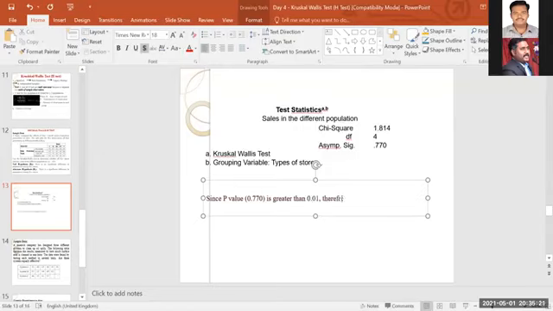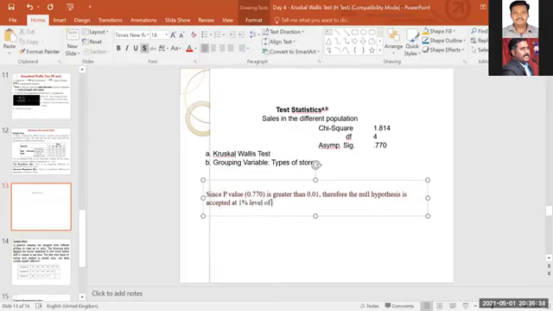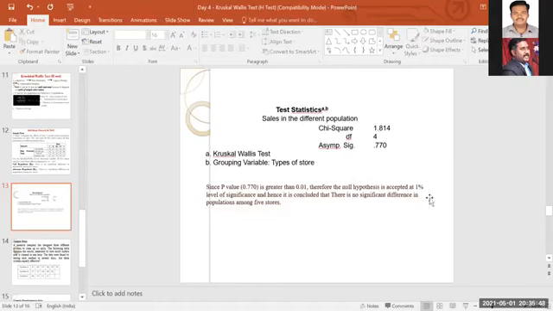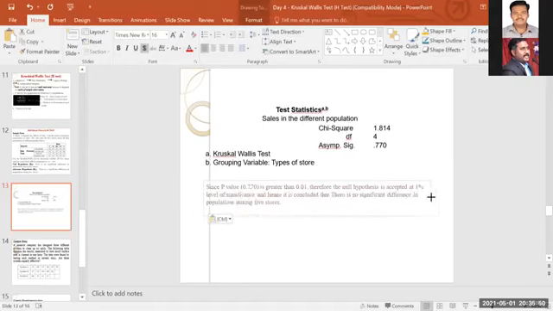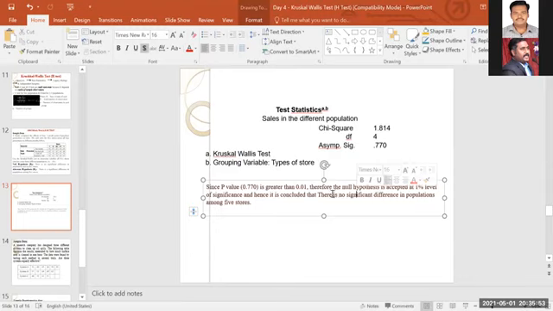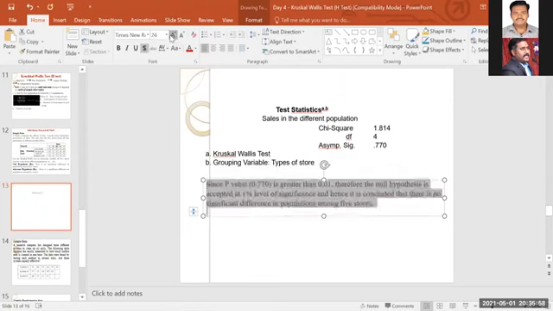Therefore, the null hypothesis is accepted at 1% level of significance, and hence it is concluded that there is no significant difference in sales among the 5 stores.